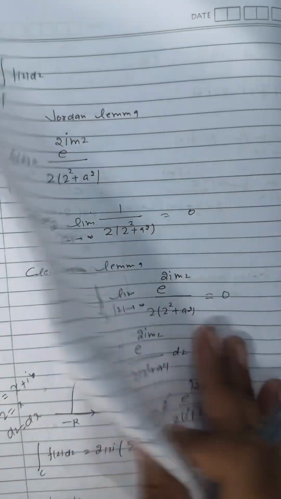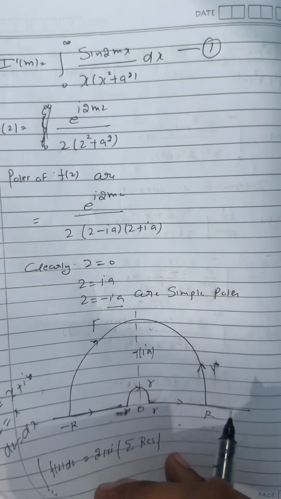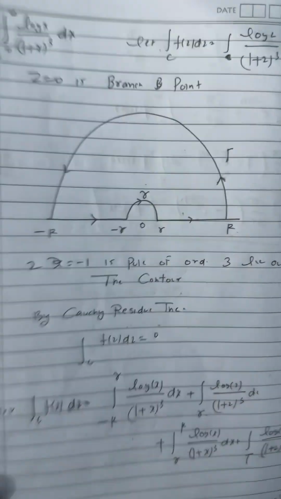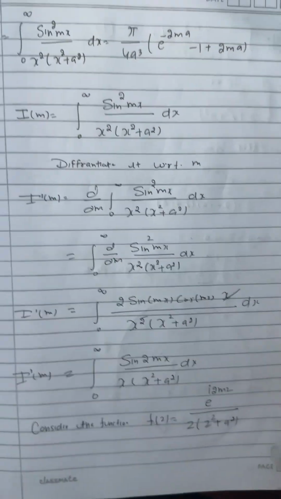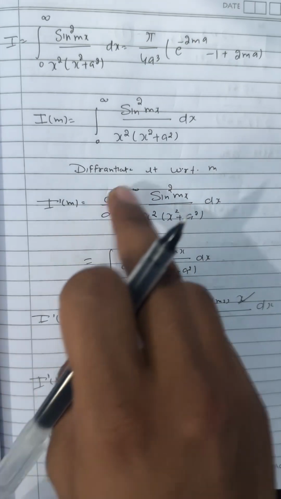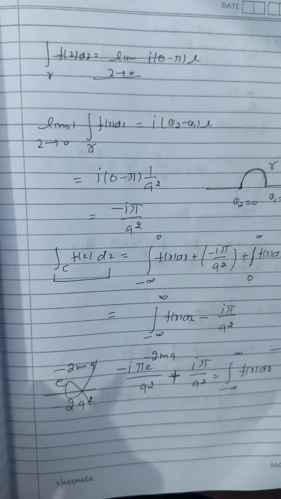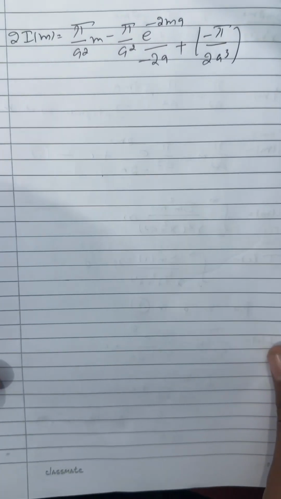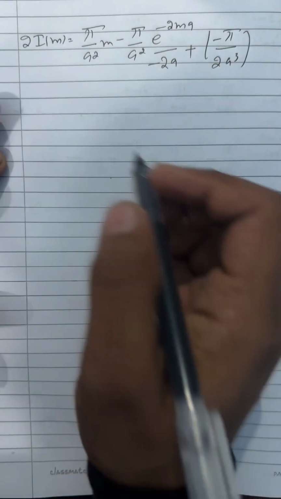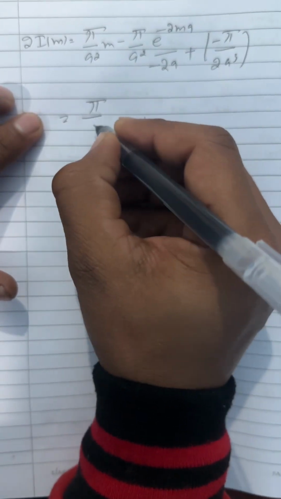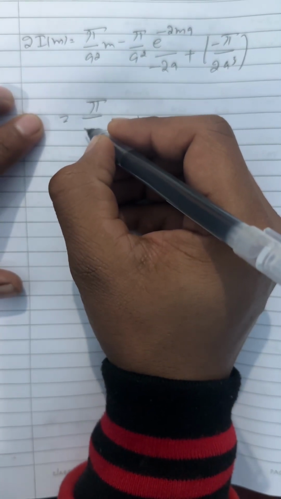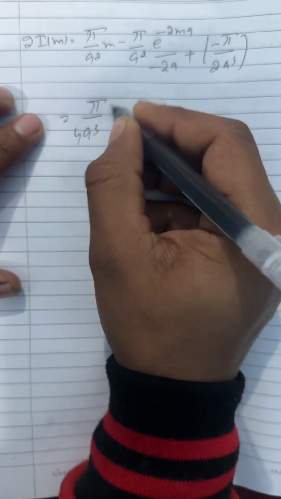So what do we have to prove? We have to prove this result. Okay, so pi by 4a cube, we have to take this common. So let me take pi divided by a cube times 4 common.